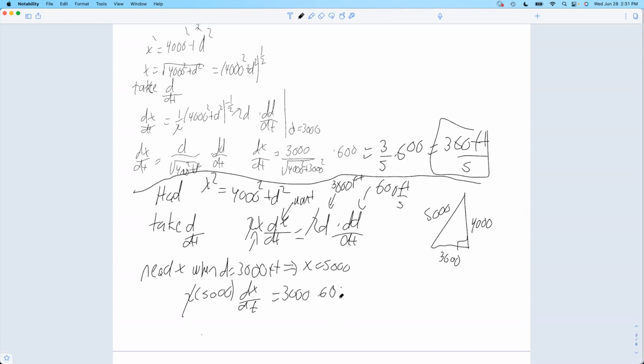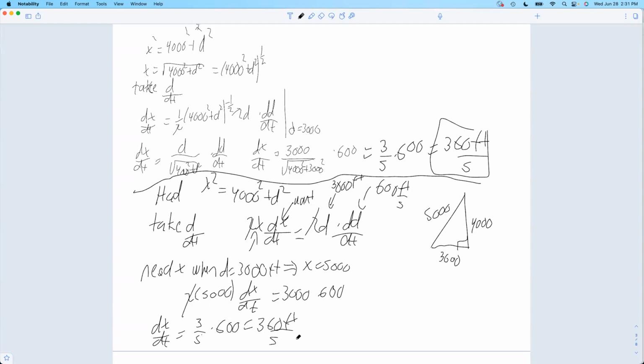That's 600. So I get dx dt equals 3,000 divided by 5,000. That's just 3/5 times 600. Oh, I got the same answer I got before. That's lucky. Okay, there's a second way.